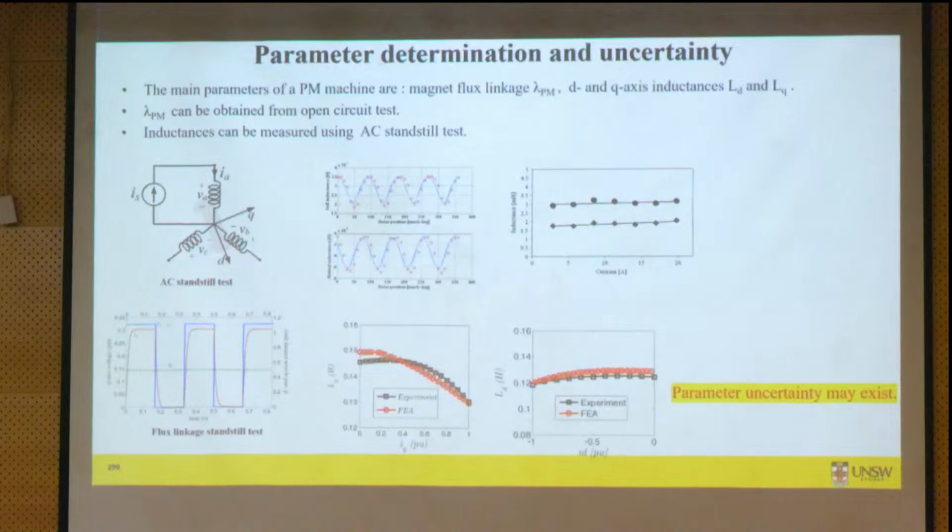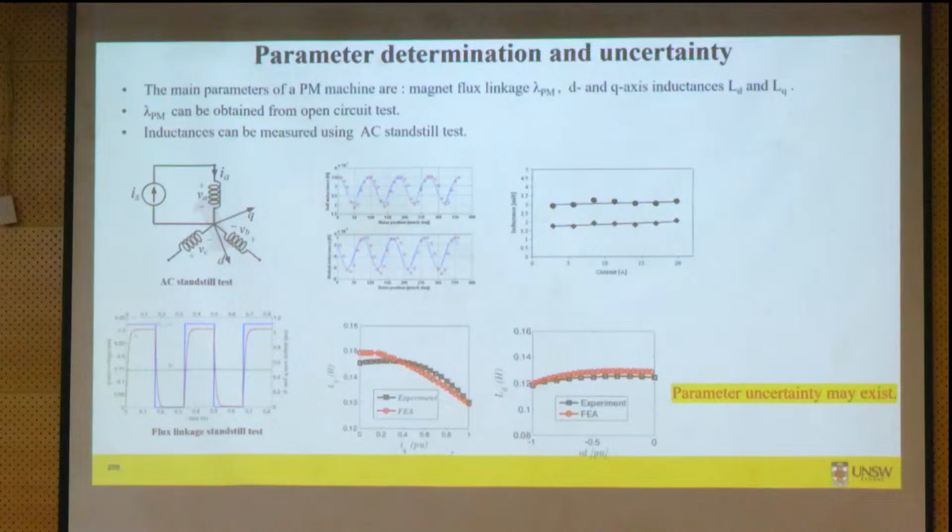If you use offline estimation, you try to find how LD and LQ, let's say, vary with current. LQ usually reduces as the saturation increases, so LQ is not actually a constant.